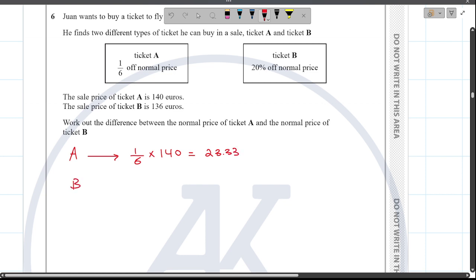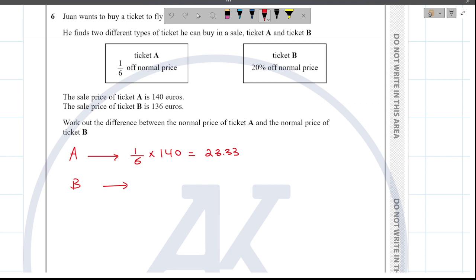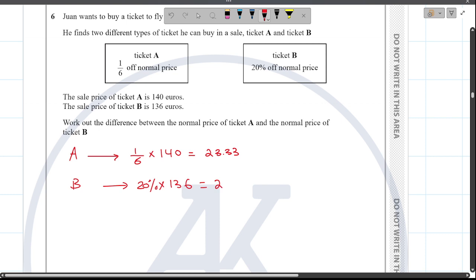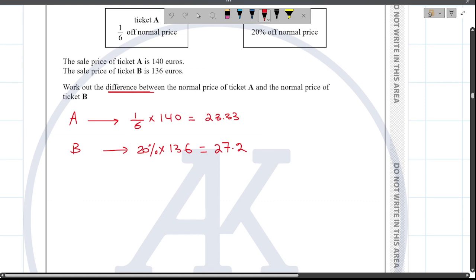And the price of B is 20% multiplied by 136, which is equal to 27.2.